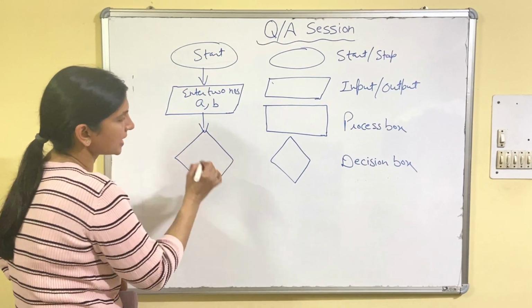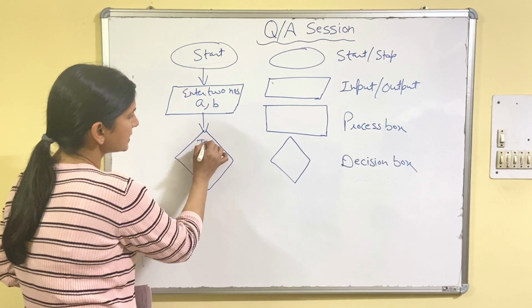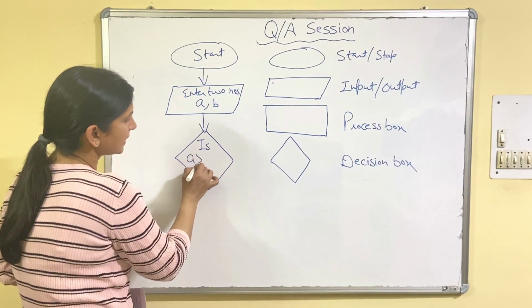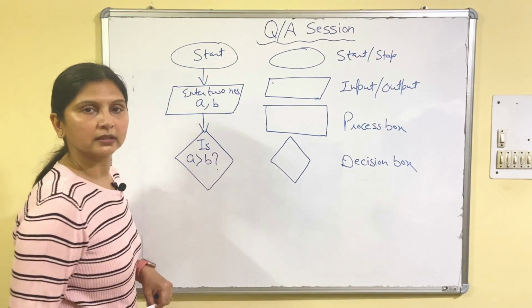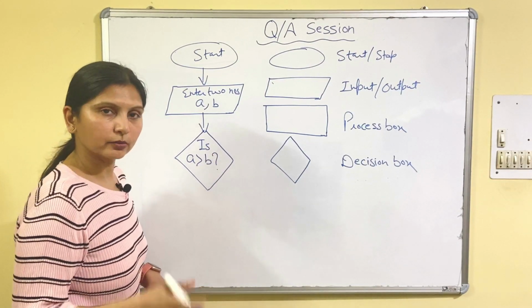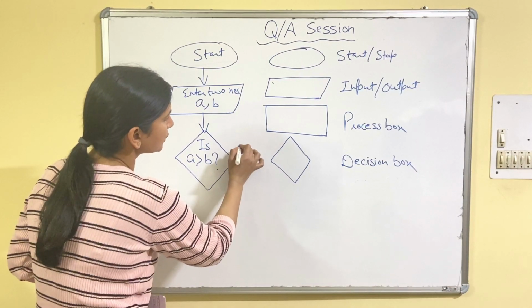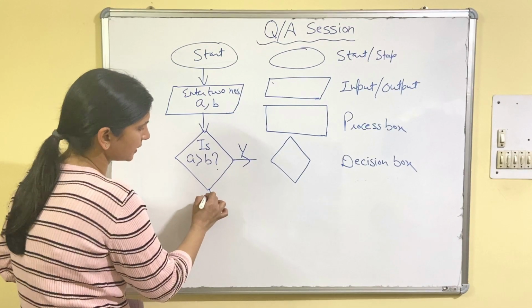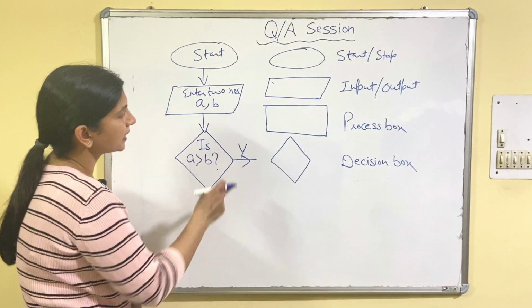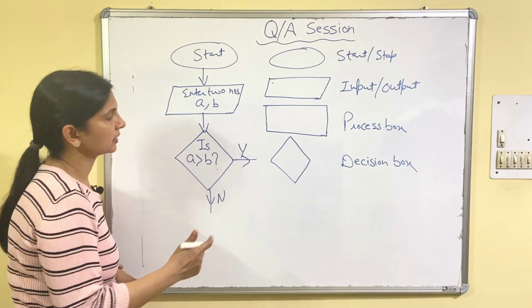Decision box. To check any condition we use the decision box. Is A greater than B? Question mark means either true or false. So this is for true or yes or no. You can write yes or no, or T or F. If it is yes, then what should be done?